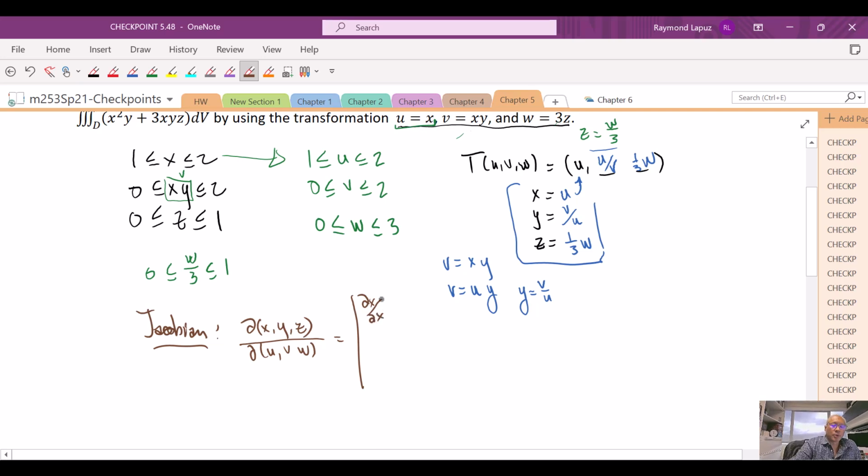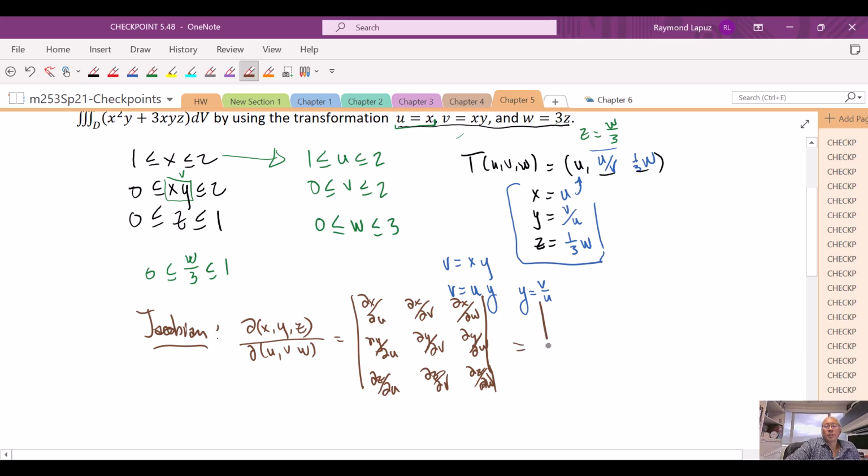In the top row will be the derivative of x with respect to u, with respect to v, and then with respect to w. The second row will be the y function with respect to u, v, and w, and then our z function with respect to u, v, and w.